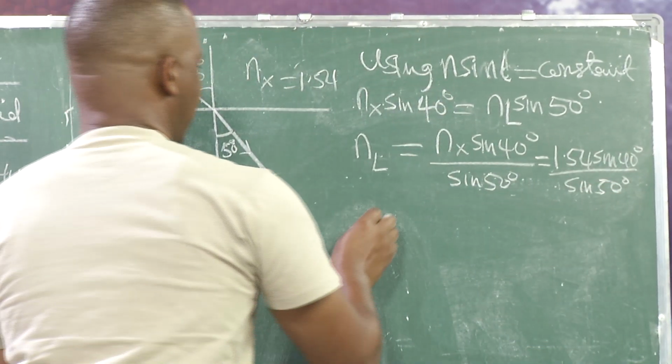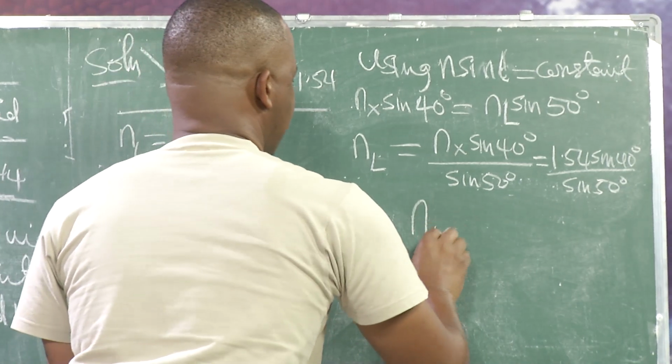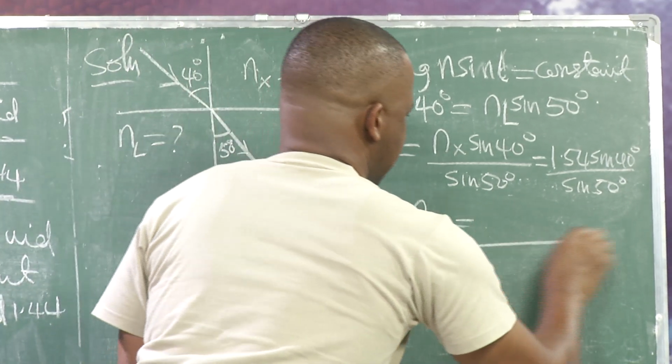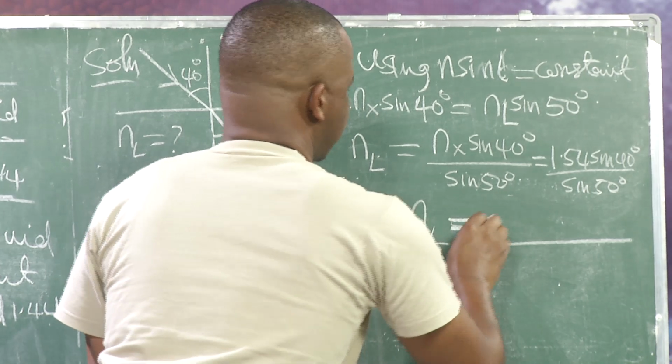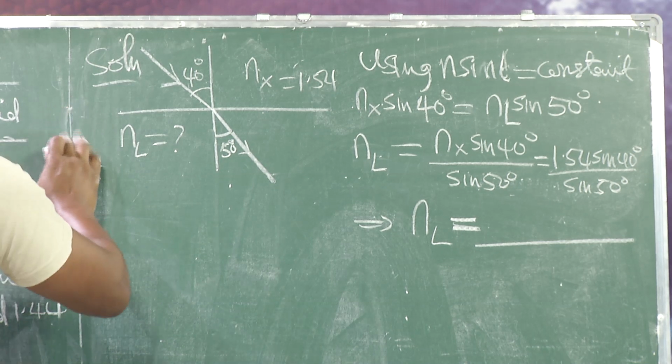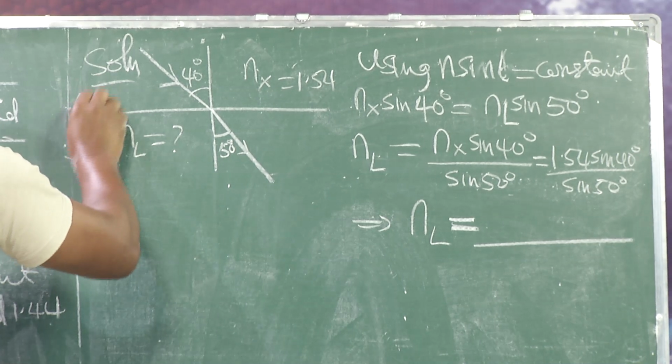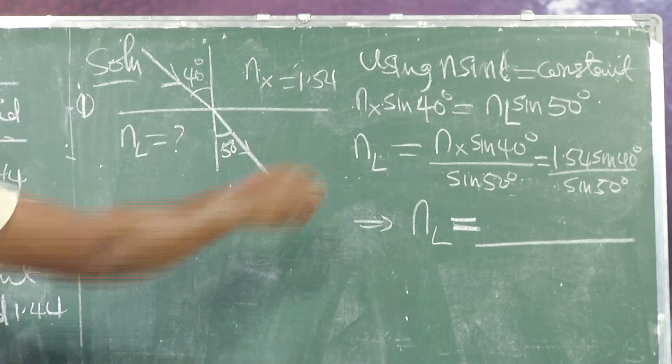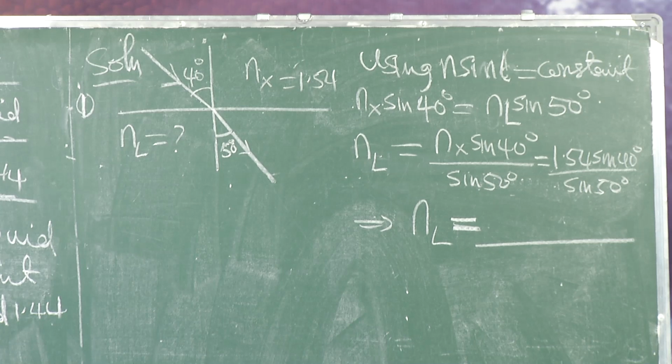If you are using your calculators, I will give you an opportunity to compute and try to get the refractive index of the liquid as specified by substituting in those values.